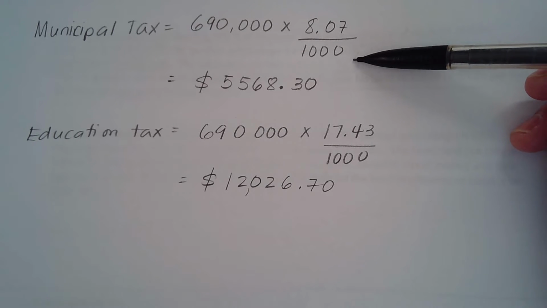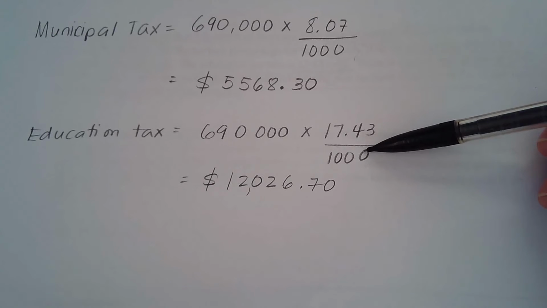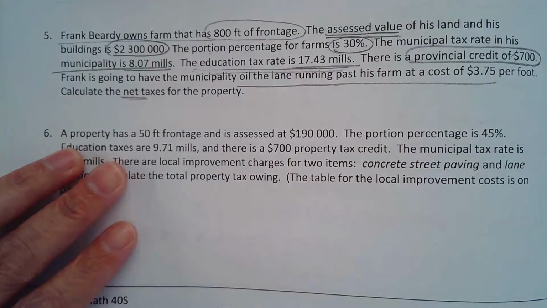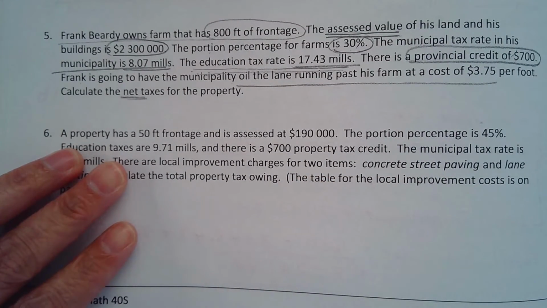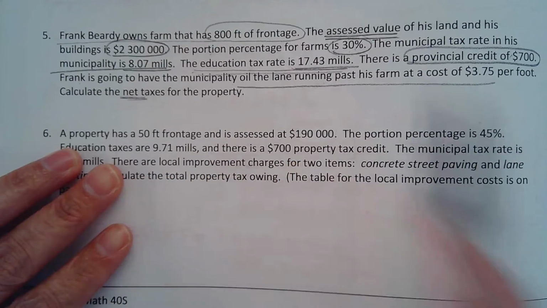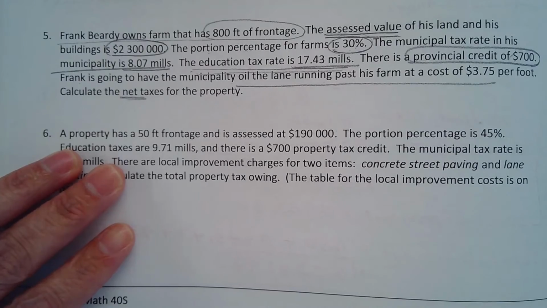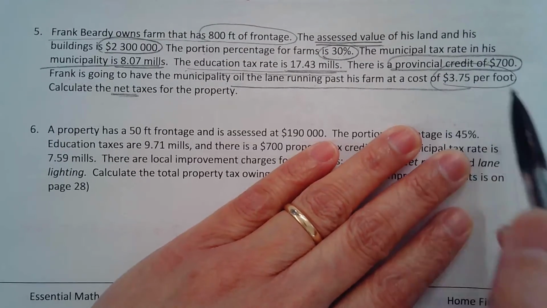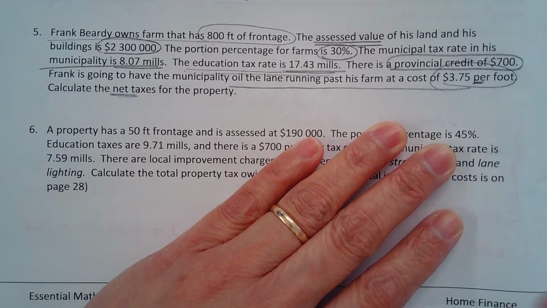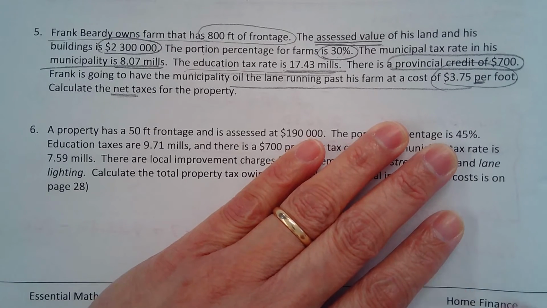So we calculated the municipal tax, which costs $5,568, and the education tax, which is $12,026.70. It says here Frank is going to have the municipality oil the lane running past his farm at a cost of $375 per foot. What does the word per mean? Yes, divided by, per foot.